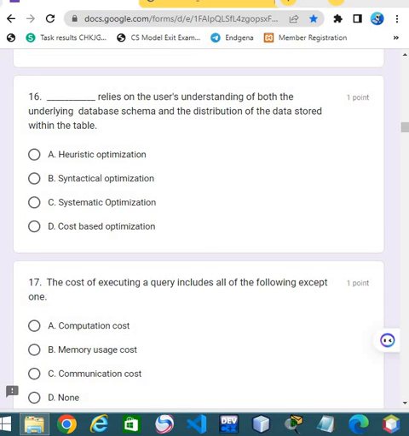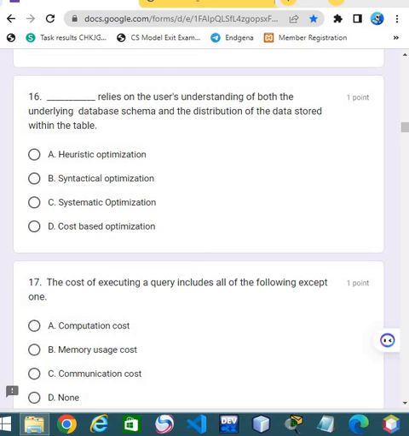Heuristic optimization is an approach to problem solving involving using rules.